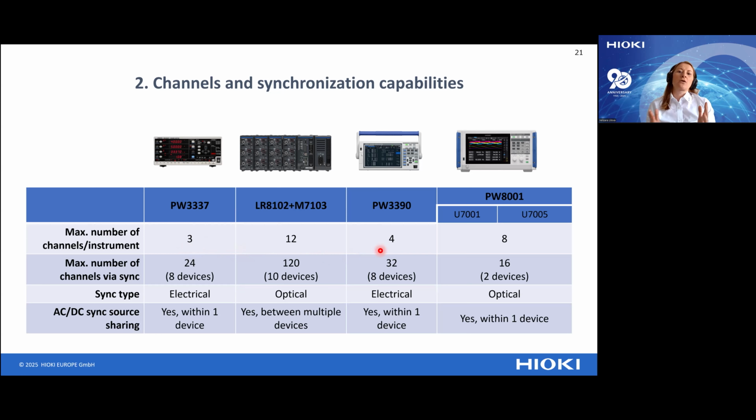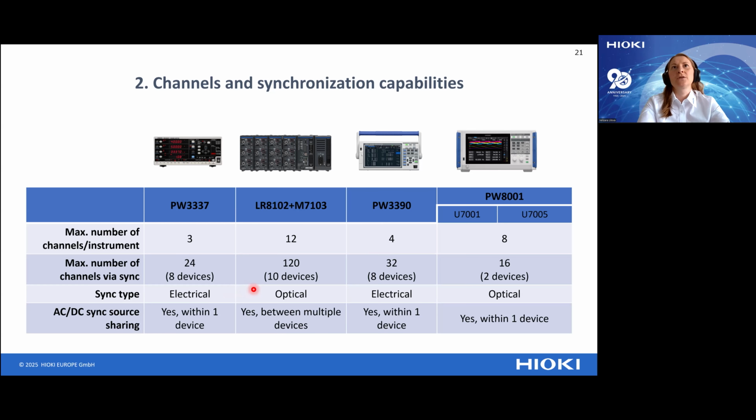But these devices also differ in how many you can synchronize and how you can synchronize. As already explained by Ryuji, you can synchronize devices either electrically via BNC or via optical cable. And here you can see some differences between the number of devices that you can synchronize and, of course, the number of channels that you can get out of the whole combination.